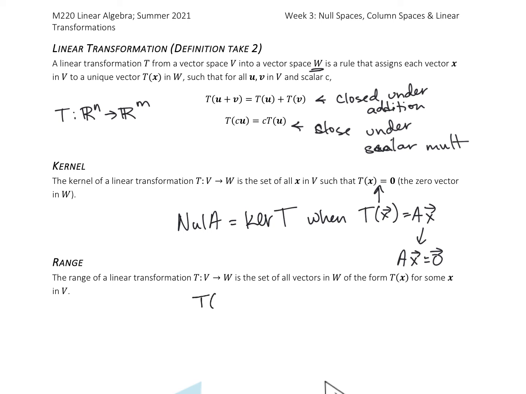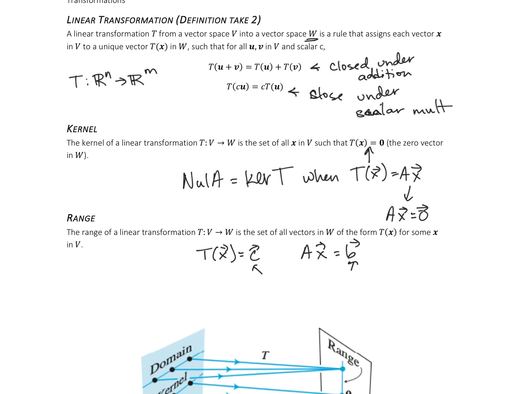So when T of x equals, I'm going to call it c, and Ax equals b, we're solving for basically the same thing. So the column space of A is equal to the range of T when T maps x onto the transformation A times x.